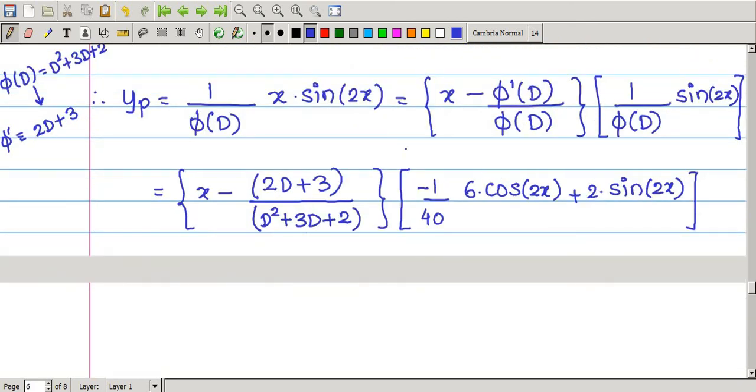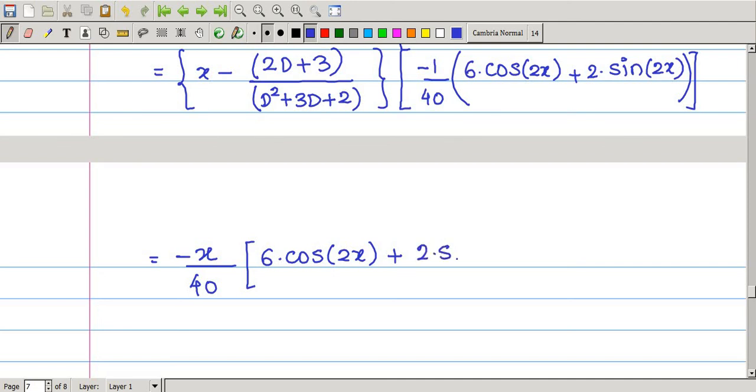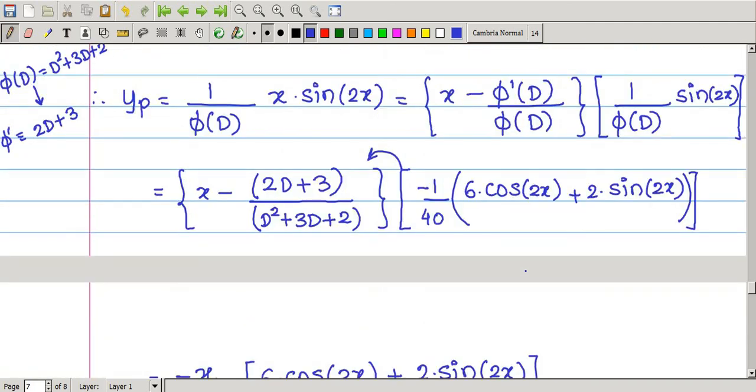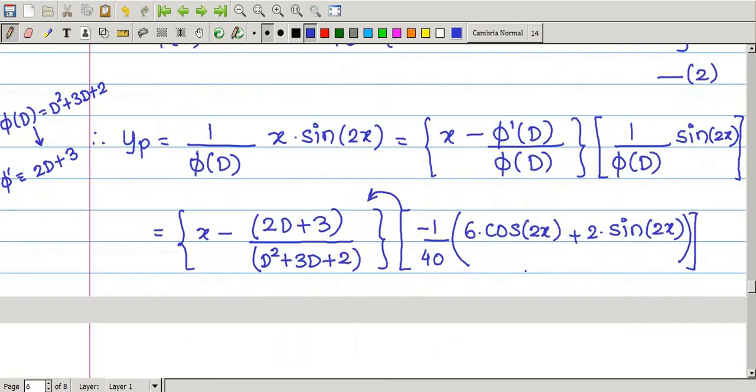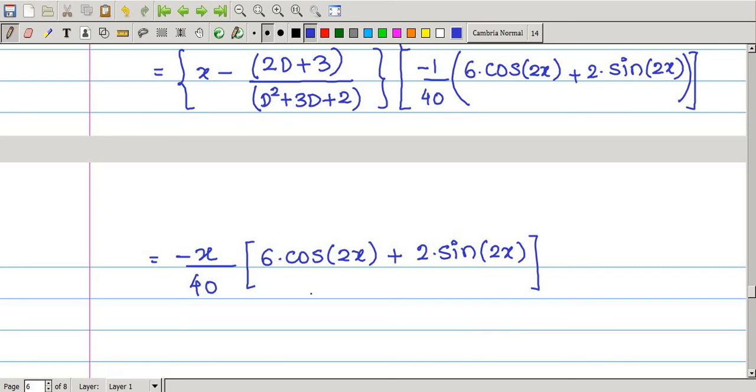So what we do, we take this bracket inside this. So it is equal to, first term will be minus x upon 40 into 6 cos 2x plus 2 times sine 2x. I hope we have taken the correct term. Fine. So x into the bracket, then this minus becomes plus.